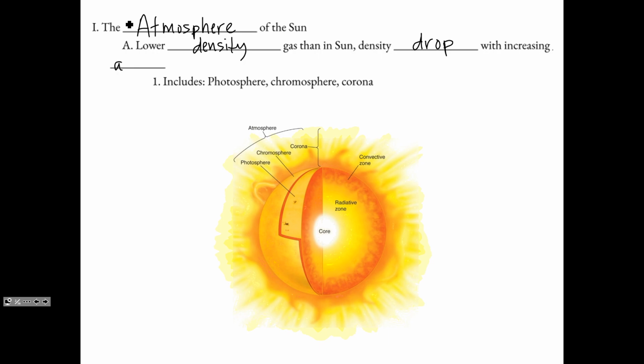As you go up away from the surface of the sun, the density of that gas gets less and less, just like on Earth: as we go from the surface of Earth up in the atmosphere, the density drops. There are 3 main layers to the atmosphere of the sun: the photosphere, the chromosphere, and the corona. That's going from inside out, and we're going to talk about each one of those.